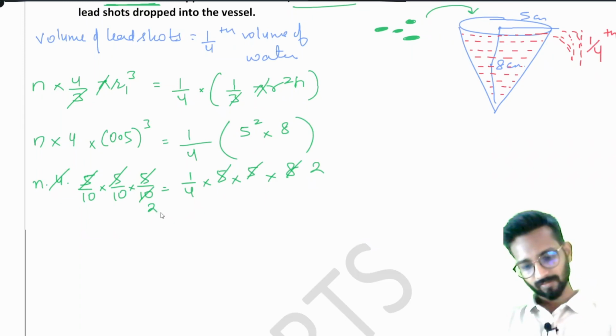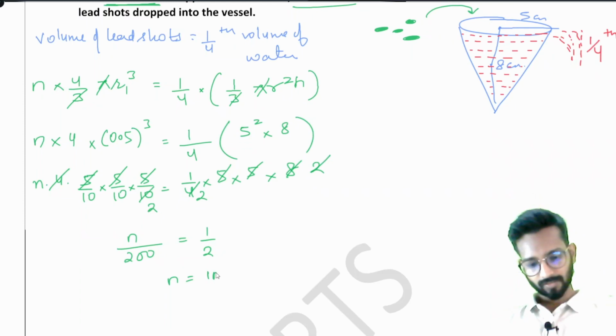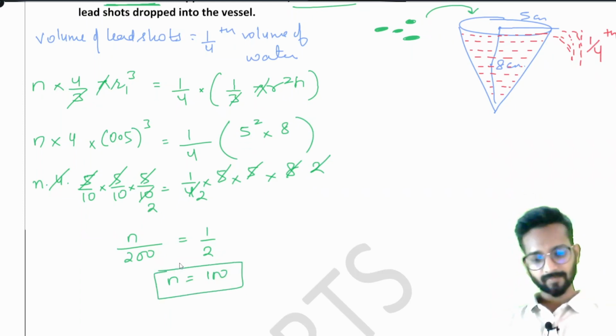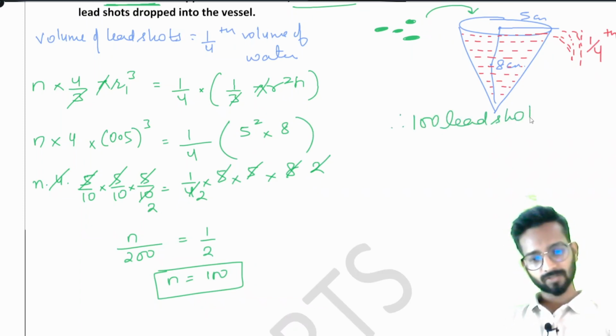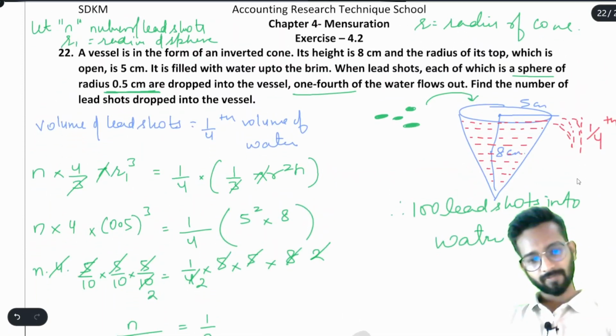So n by 200 is equal to 2 by 4 cancelled, 1 by 2. So n is equal to 100. It means how many lead shots are put? Therefore 100 lead shots into water. Simple. Find the number of lead shots dropped into the vessel: 100 lead shots you have to drop in the vessel.